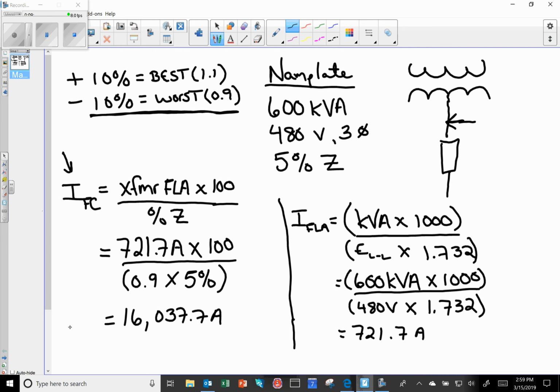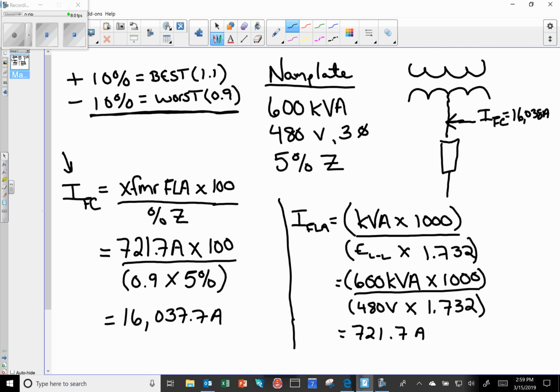And remember, that's our fault current up here. So I sub FC, or fault current, is equal to 16,038 amps. So that's how you would solve that question.